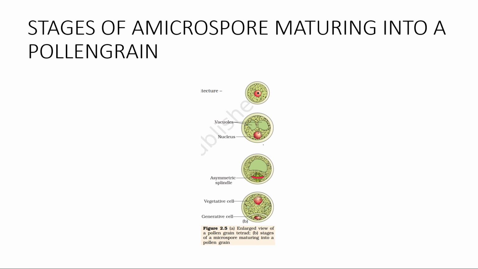The generative cell is small and floats in the cytoplasm of the vegetative cell. It is spindle-shaped with dense cytoplasm and a nucleus. In over 60% of angiosperms, pollen grains are shed at the two-cell stage, and in the remaining species, pollen grains are shed at the three-cell stage, meaning one vegetative cell and two male gametes produced from the generative cell.